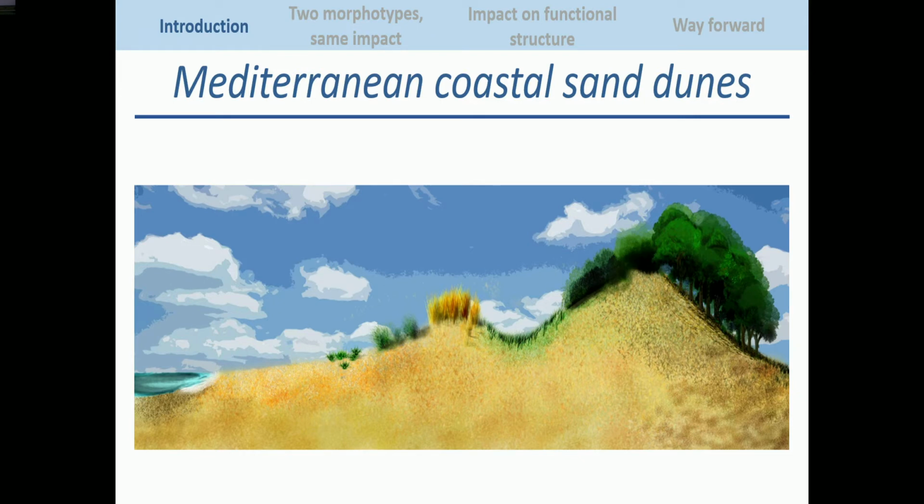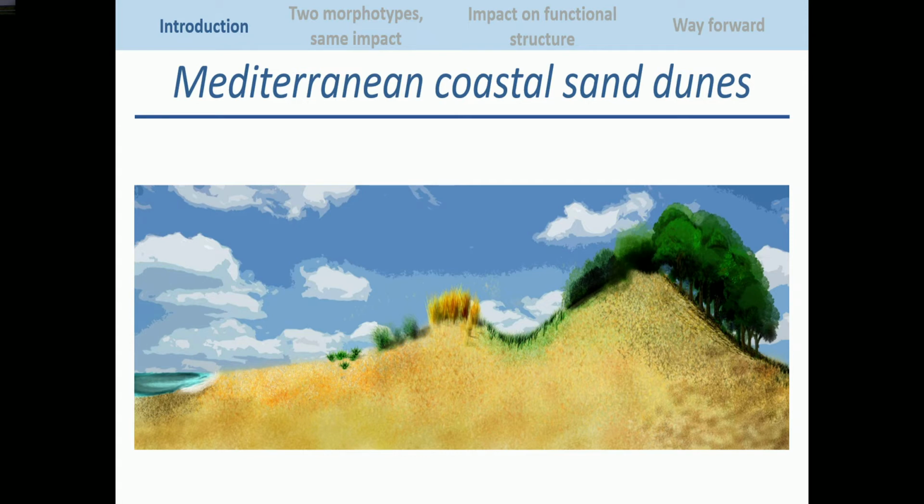So let me start with a little bit of an introduction. I don't know how many of you actually know Mediterranean coastal dunes and all the communities that you can find. So essentially, sandy shores are in between the sea and the mainland, and as such, they are characterized by a really steep environmental gradient. And so these are communities that are in an ecotone.